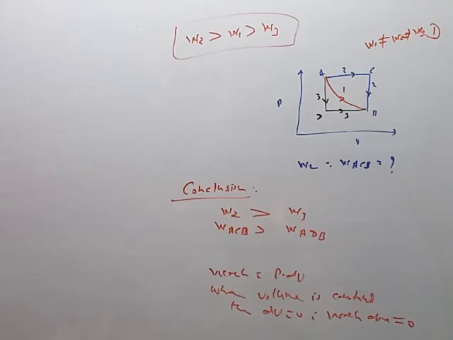What is that case? So we have to see that case. Zero work during volume expansion. In short, we can remember that there is zero work during the volume expansion.